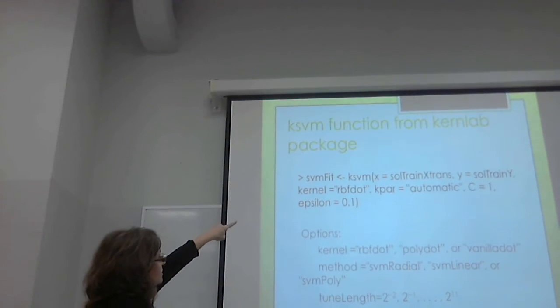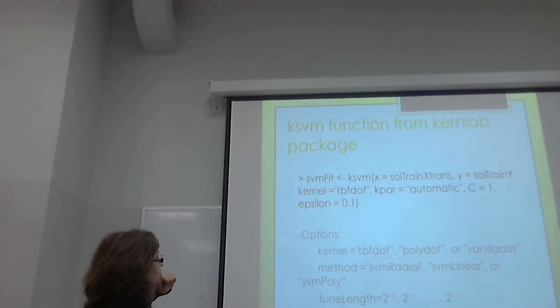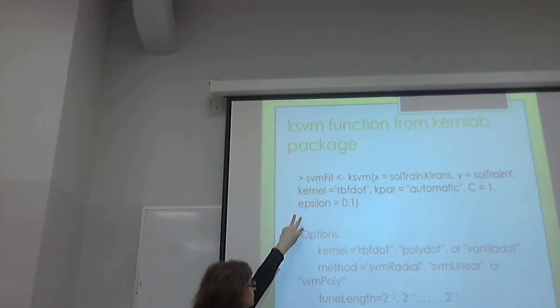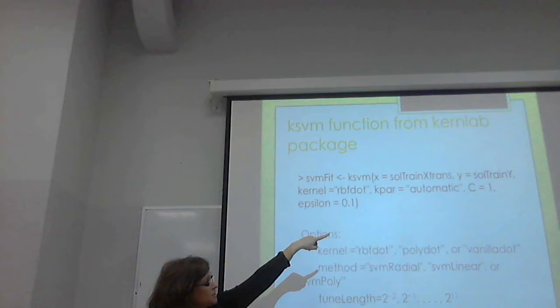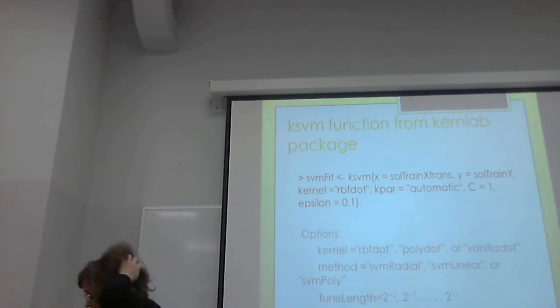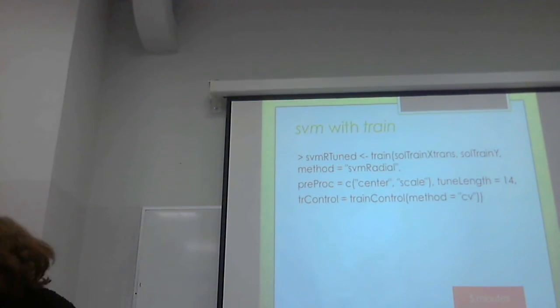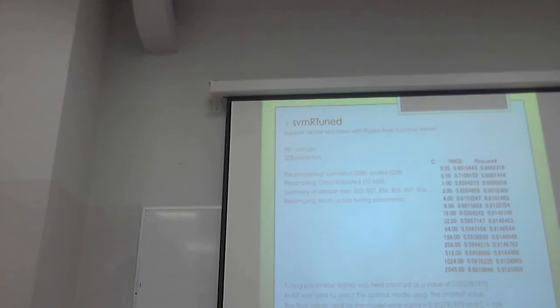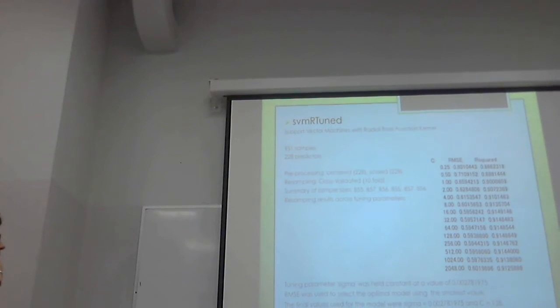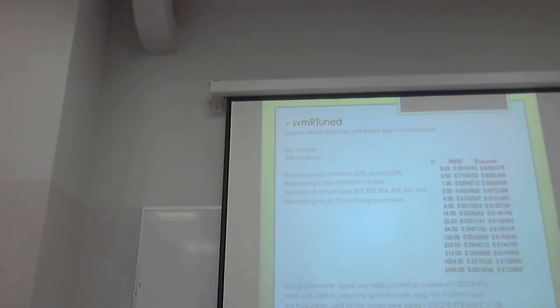Here is the kernel with the RBF function, and we supplied the epsilon parameter and one cost parameter, and you had an outcome. This is SVM with train. SVM with train was run like this with SVM radial, so it took some time, that's correct. Here is the outcome you had.